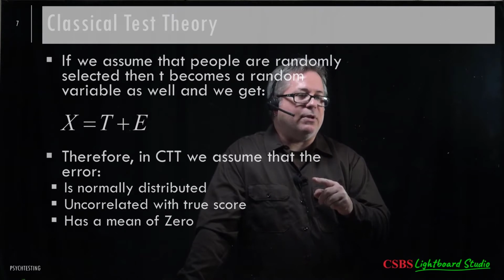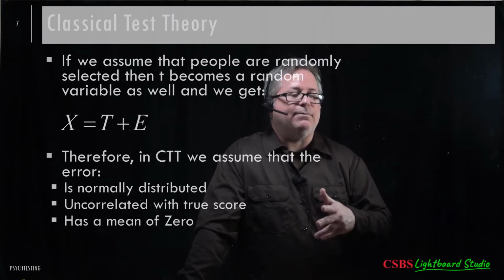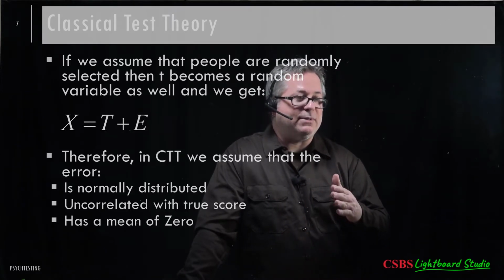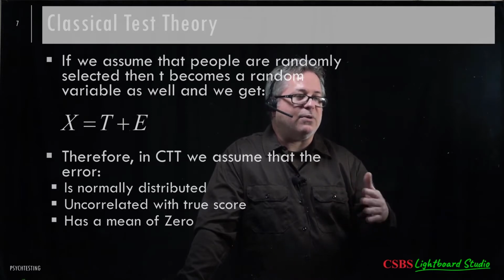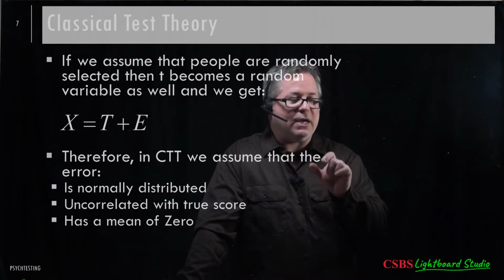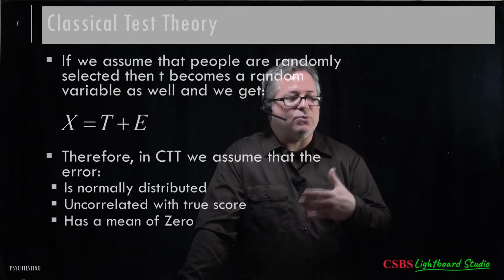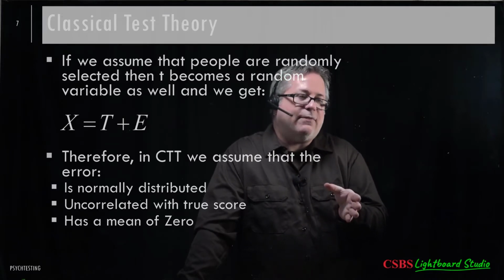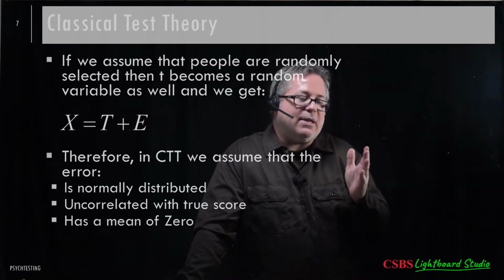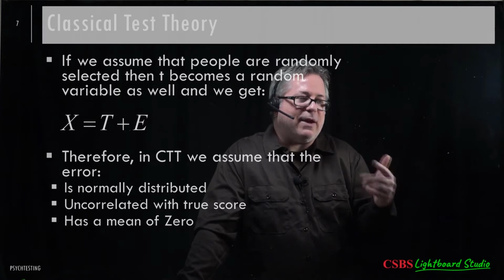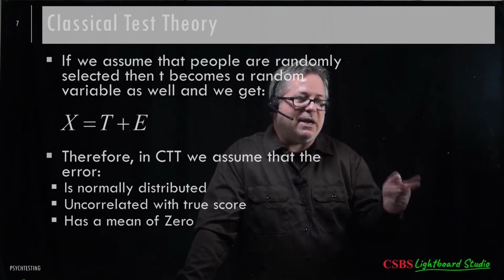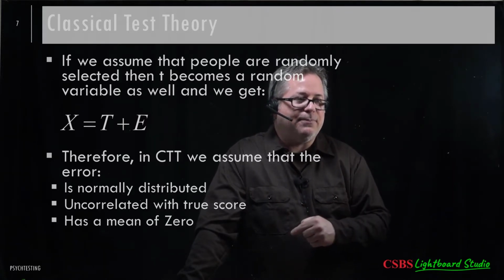The heavier you get, for every, say, 20 pounds, you get an additional ounce. So there's error that's also related to the actual true score. There's a true weight that you have, but as that weight increases, the amount of error also increases, which means that the error and the true score are related.